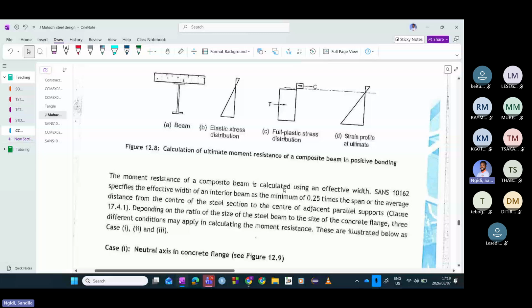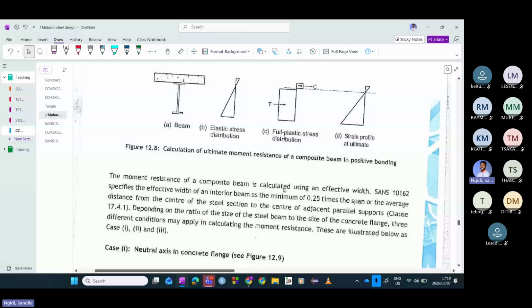We are being introduced to something that is called effective width. I know that from the sessions that we've had, you know about the new width of multiplying by the modular ratio. That's not the one that we are talking about here. We're talking about effective width.